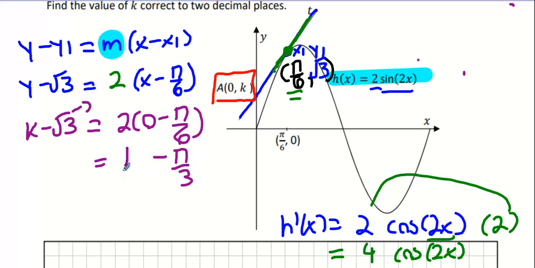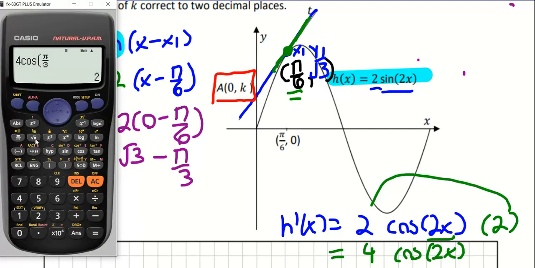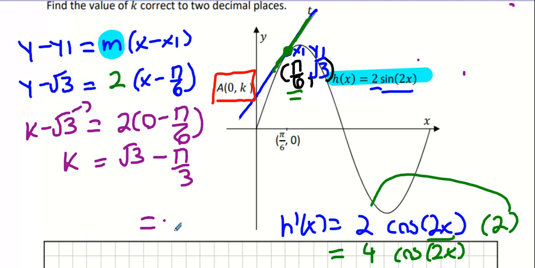I'm going to bring the root 3 to the other side. And this is my k value right here. And k is going to be root 3 minus 2 times pi over 3. And I get minus 0.684. I'm hoping that's correct. Yes, it is, minus 0.68, correct to 2 decimal places.